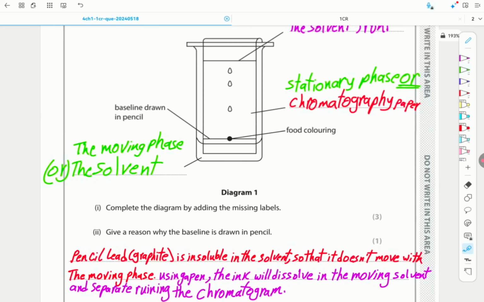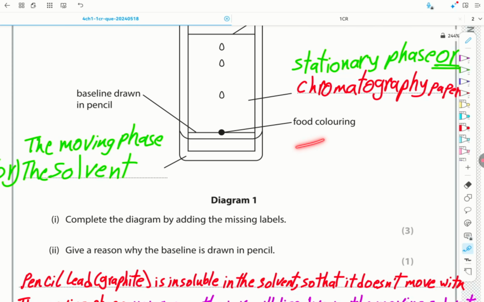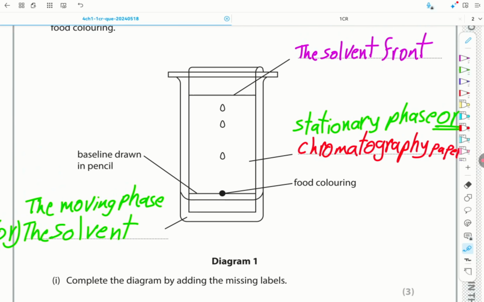As you see, generally we use TLC, or thin layer chromatography, in order to separate a mixture of chemicals. So this is the mixture, and those are the components of the mixture.